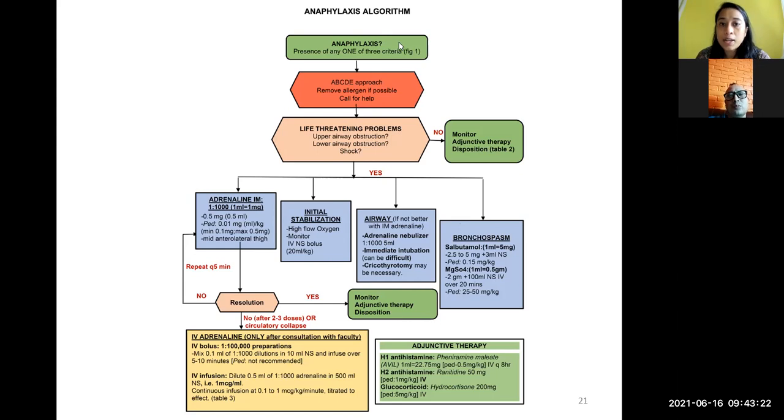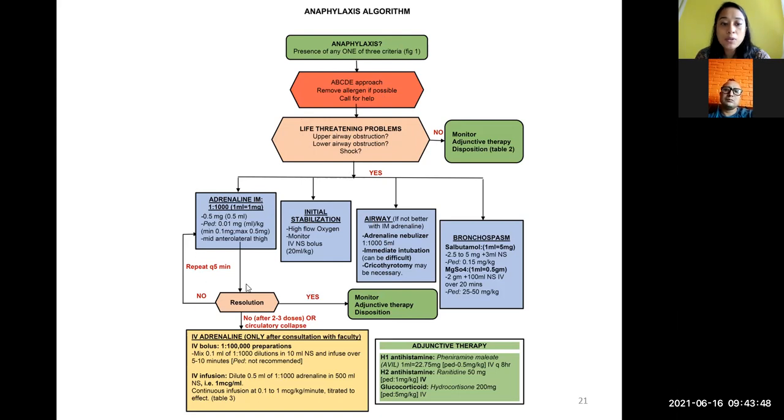So first thing is diagnosis, and then ABCD approach, removal of allergen, and then first identifying whether there are life-threatening problems. If yes, as you can see, adrenaline IM is the first and foremost action, which should be followed by initial stabilization, management of airway, which can be very, very difficult and fearful, and management of bronchospasm if it's present.